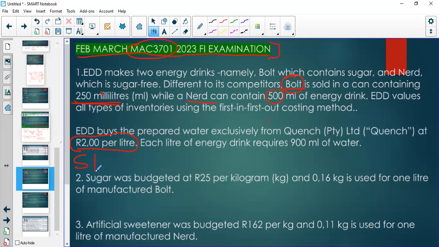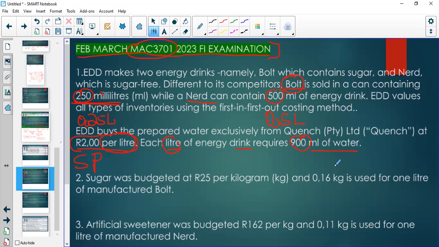The standard price is given per liter, so you have to know that this is 0.25 liters and that is 0.5 liters. Because you have the price per liter, you need liters per unit, so that you can multiply those two. But the other trick is that each liter of energy drink requires 900 milliliters of water.